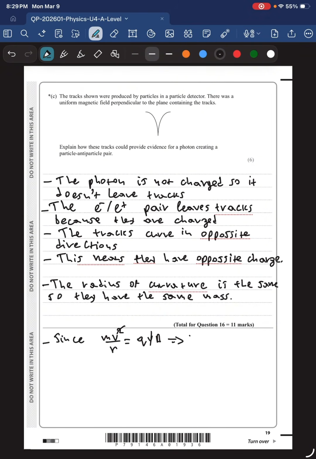Which means that r is p over q B, and m v is equal to p, right?